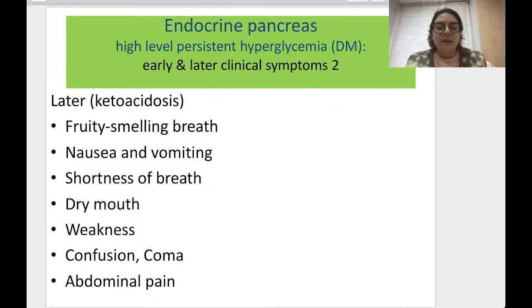And later, for type 1 diabetes mellitus, they can be connected with ketoacidosis. It is fruity smelling breath, a very specific smell from the breathing air. There can be nausea and vomiting, shortness of breath, dry mouth, weakness, confusion, coma, and abdominal pain.